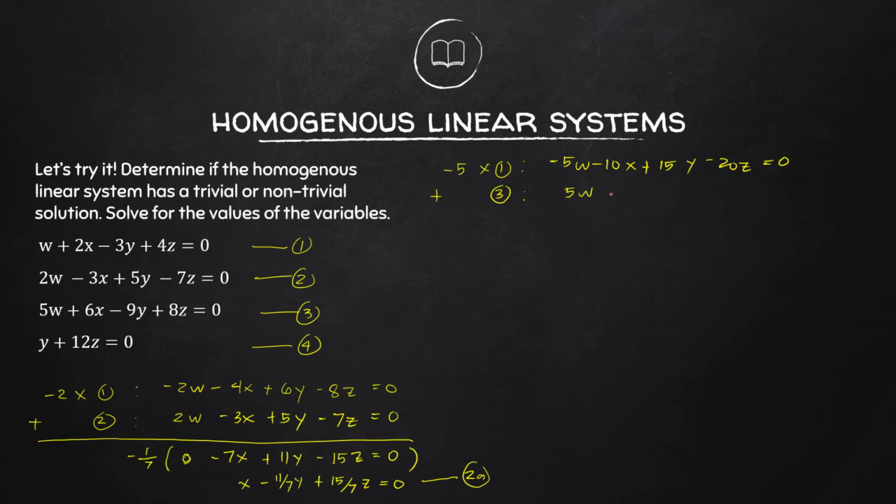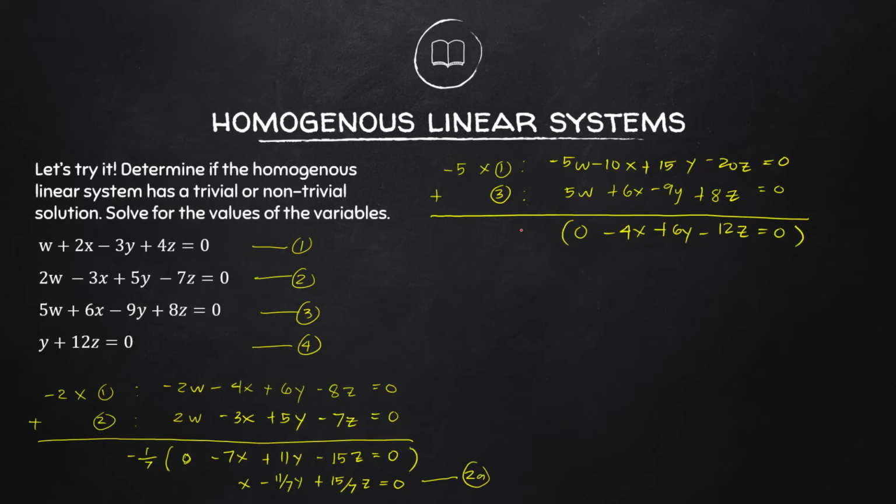Then 5w, copy equation 3, plus 6x minus 9y plus 8z, and this is equal to 0. Take the sum of these two equations. We have 0. This would be negative 4x plus 6y minus 12z equal to 0.